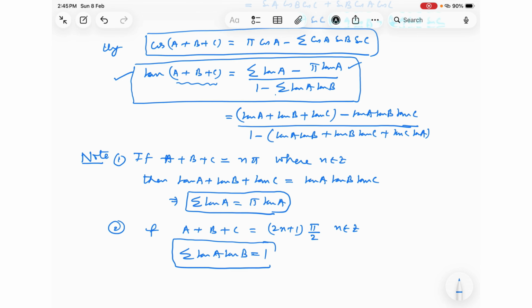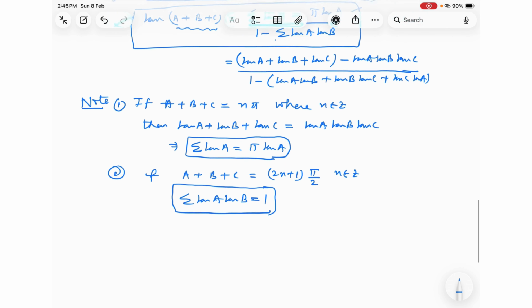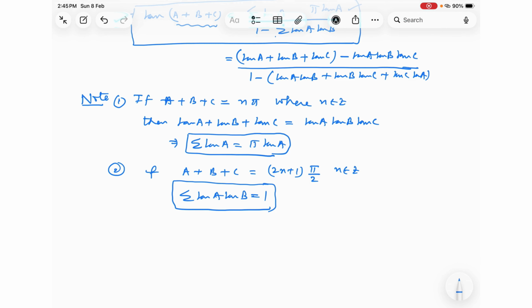Very, very important result. Sigma tan A tan B is always equal to 1, that is, tan A tan B plus tan B tan C plus tan C tan A is always equal to 1.